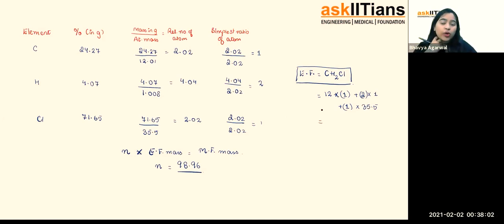So what is the overall mass that turns out to be? It is 14 plus 35.5. So it will be 49.5.